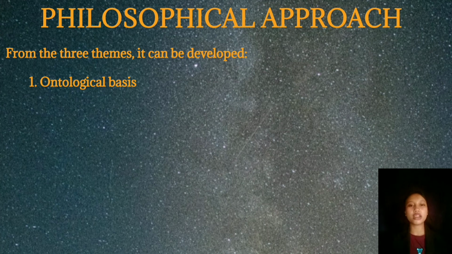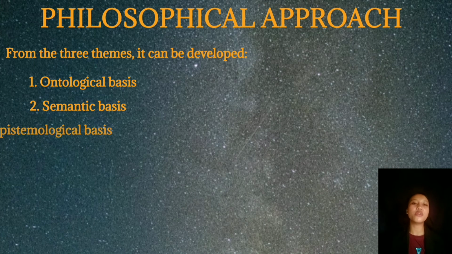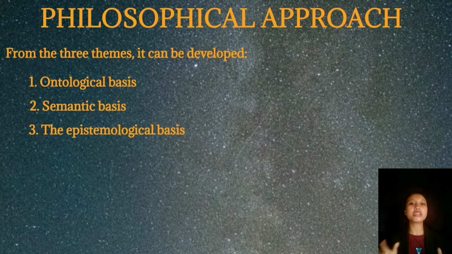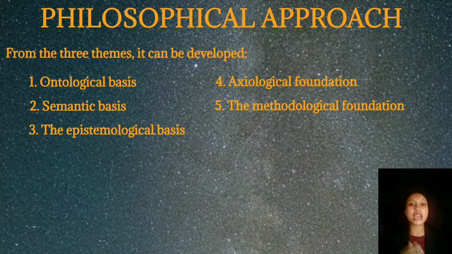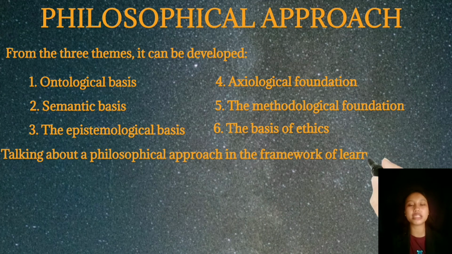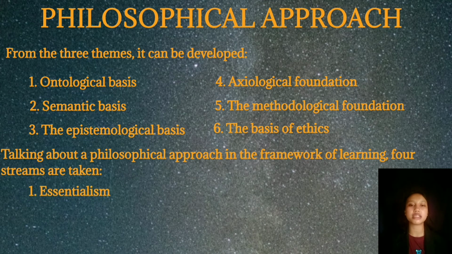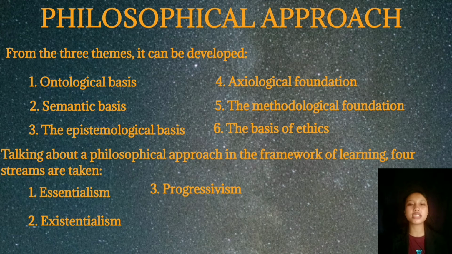You know, from the three terms, it can be developed into six. The first one, ontological basics, where the teacher must really know and understand the focus or substance of the subject. The second one, semantic basics, where the teacher must be able to speak truth in language that can be understood by students. Third one, it is the epistemological basic, where the teacher must be able to develop and find new strategies in learning.